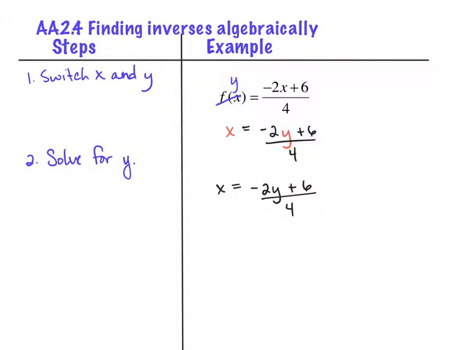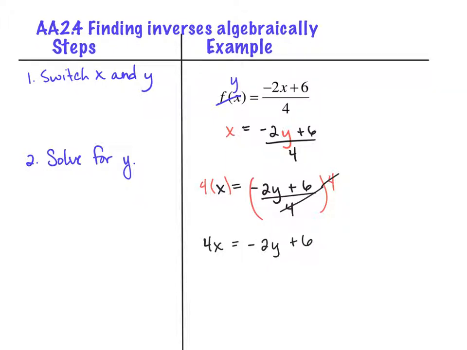So what I need to get rid of first is the 4. So I'm going to multiply both sides by 4. My next step then, I don't really need the parentheses on the left side, so that can just be 4x equals negative 2y plus 6, because those 4's divided out to 1.